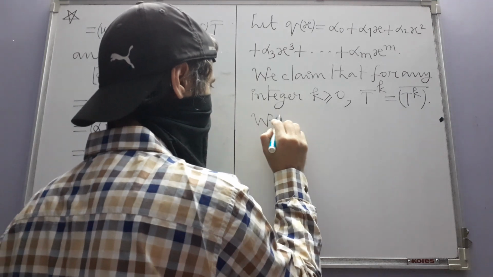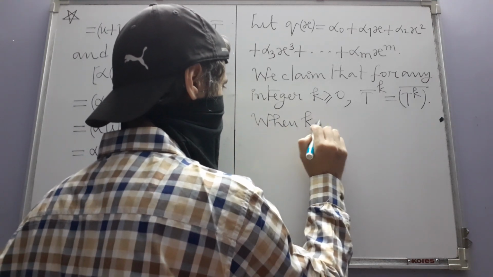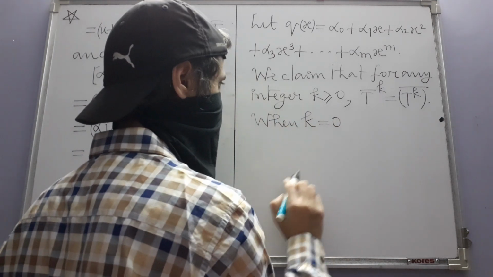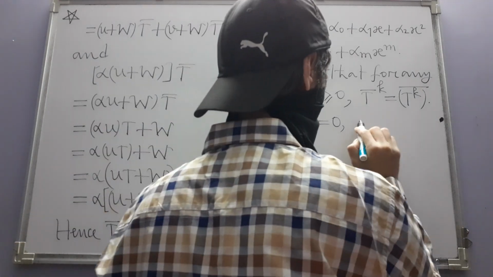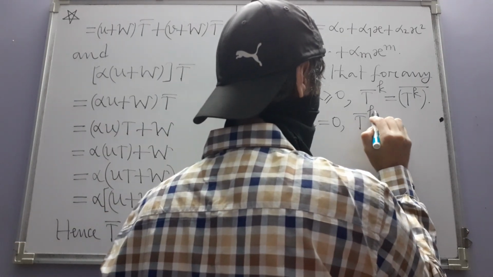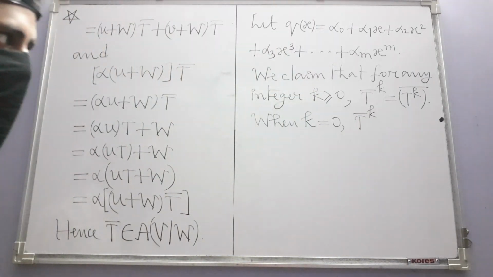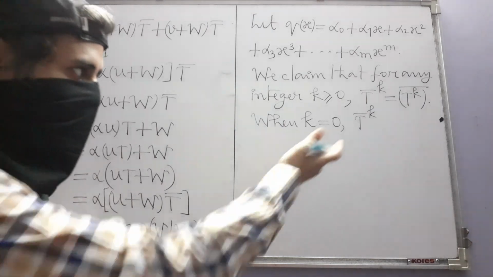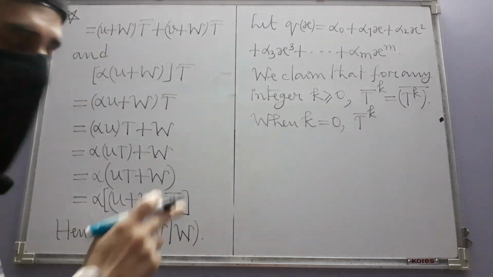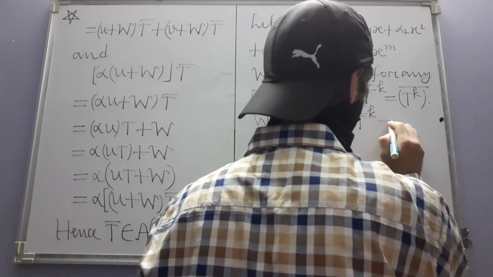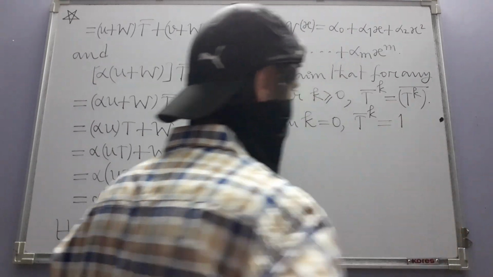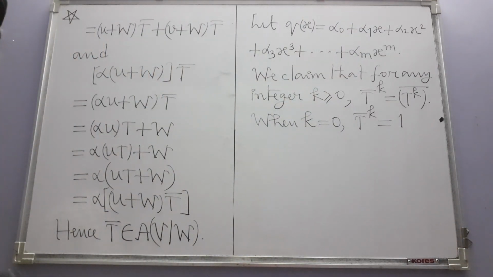When k is 0, T bar to the power k, by the definition of integral powers, here actually you do not have to do anything. This is going to be by definition the identity element, the unit element. But where?